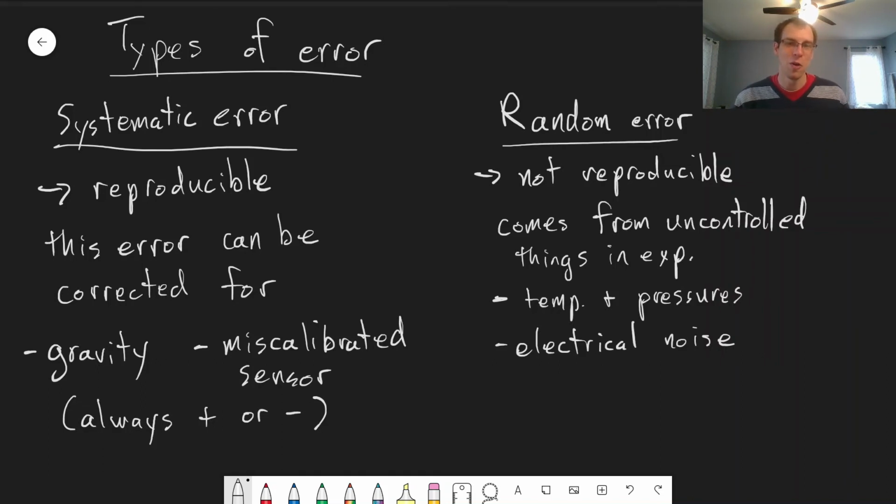Random error is, for example, where you see the last digit of a value you're measuring, like a voltage, change a little bit over the course of time. Random error is something that we always live with and always deal with, and you can never completely get rid of it. You can try to get rid of more of it by controlling more and more things about your experiment, but there's always a limit.